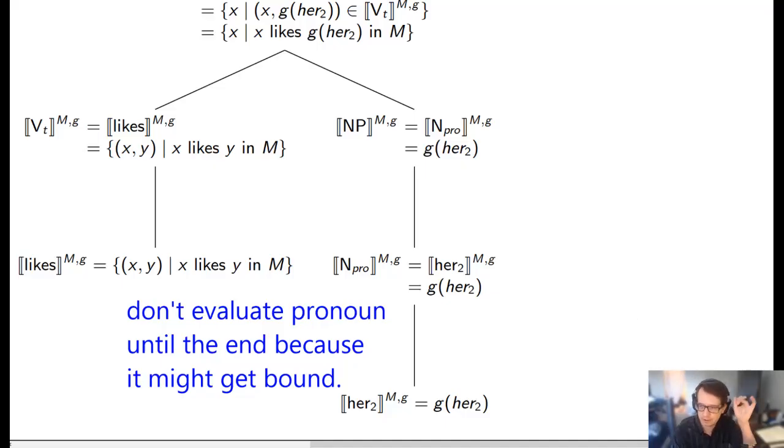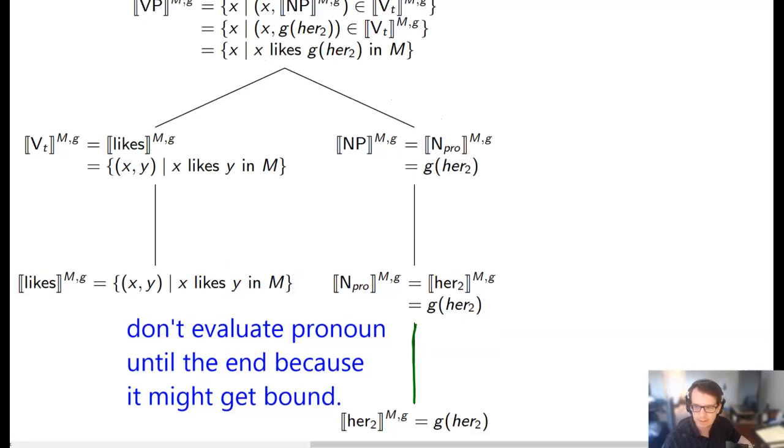The pronoun is her two, so we just apply the assignment function to it. And we're going to leave it as G of her two until the very end of the sentence, unless it gets bound. As we go up our tree, we just use this pass up rule. So the pronoun is going to be the same as the daughter. The NP above is going to be the same as the daughter, which is G of her two.